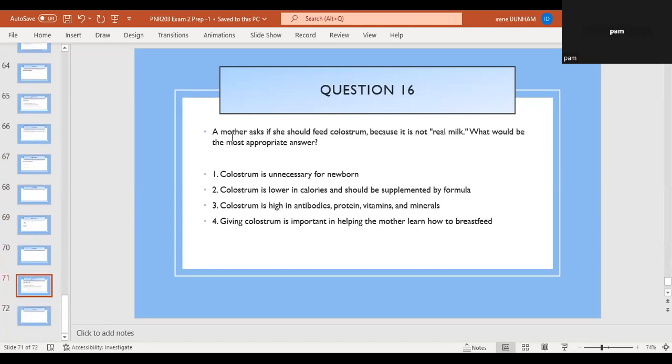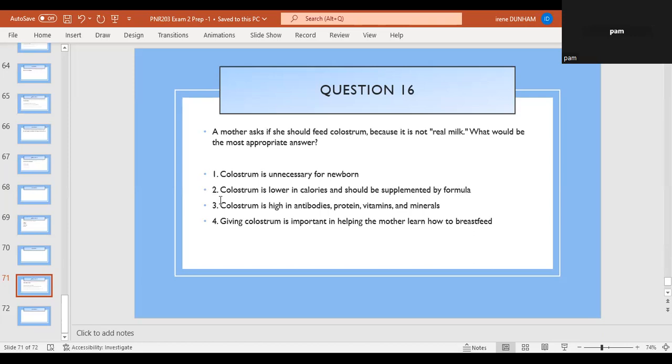The last question. A mother asked if she should feed colostrum because it's not real milk. What would be the most appropriate answer? Well, we know that colostrum has a lot of antibodies. So do we want her to feed that to the baby? Yeah. So let's see now which one. Colostrum is unnecessary for the newborn. Well, we know that's wrong. Colostrum is low in calories and should be supplemented by formula.